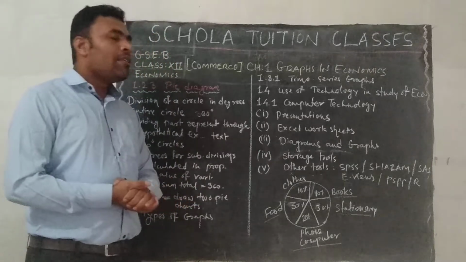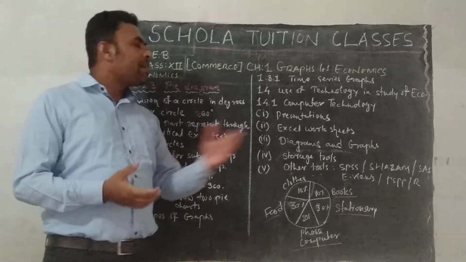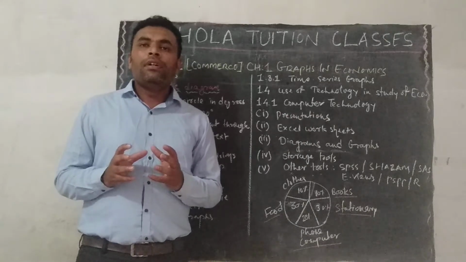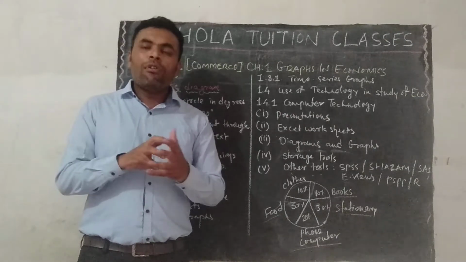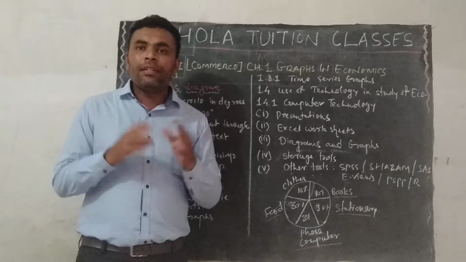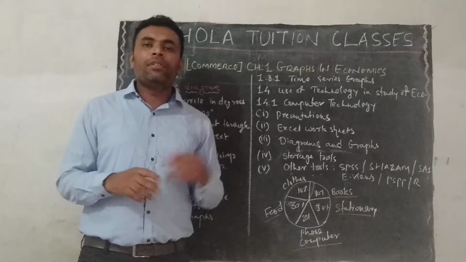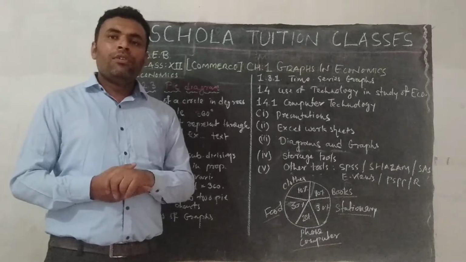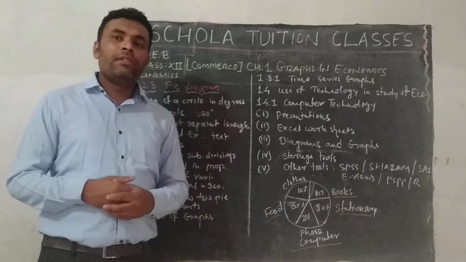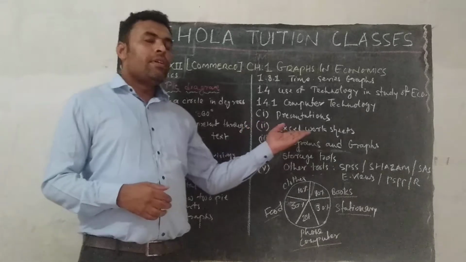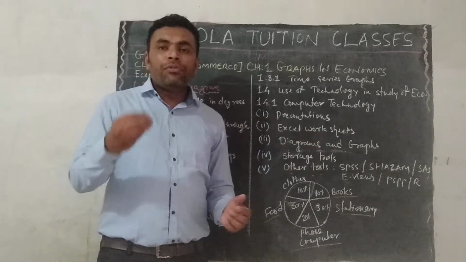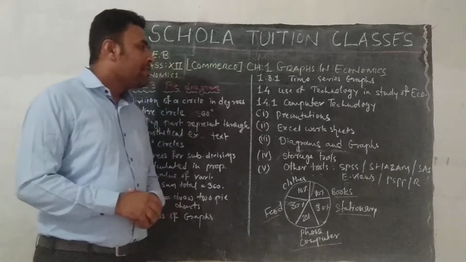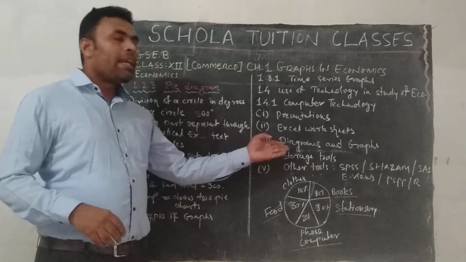Then the Microsoft Excel worksheet is also very useful, for example to find a correlation between two variables, dependent and independent, to draw some conclusions by using important formulas in Microsoft Excel, and using diagrams and graphs.